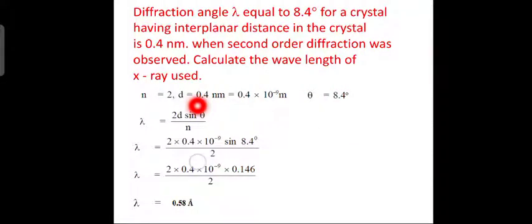So lambda is equal to 2d sin theta divided by n. So lambda is equal to 2 into 0.4 into 10 to the power minus 9 into sin 8.4 degree divided by 2. Sin 8.4 is 0.146. So lambda is equal to 0.58 angstrom.